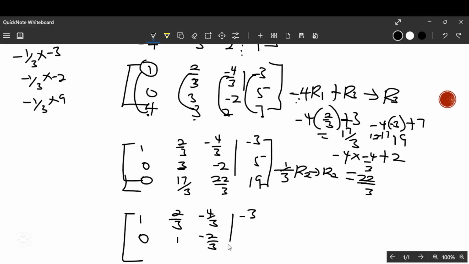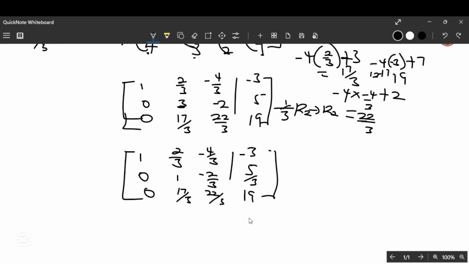Then we have negative 2/3, and 5/3. Then 0, 17/3, 22/3, and then 19. That is great.